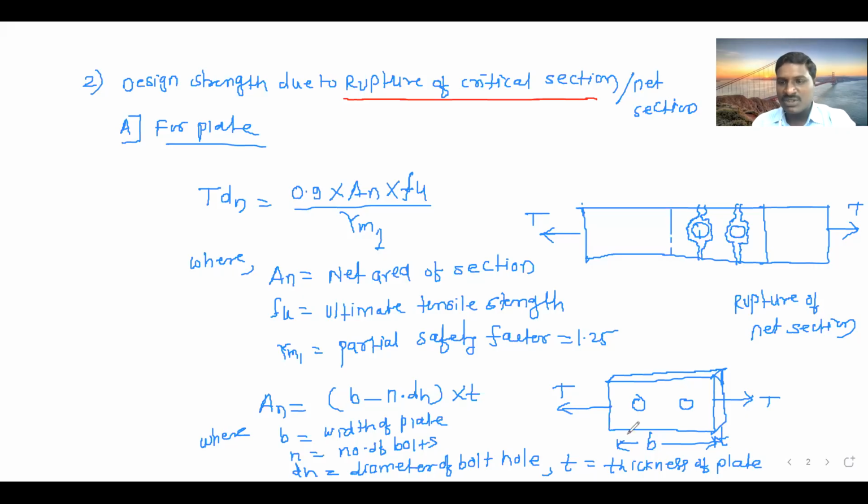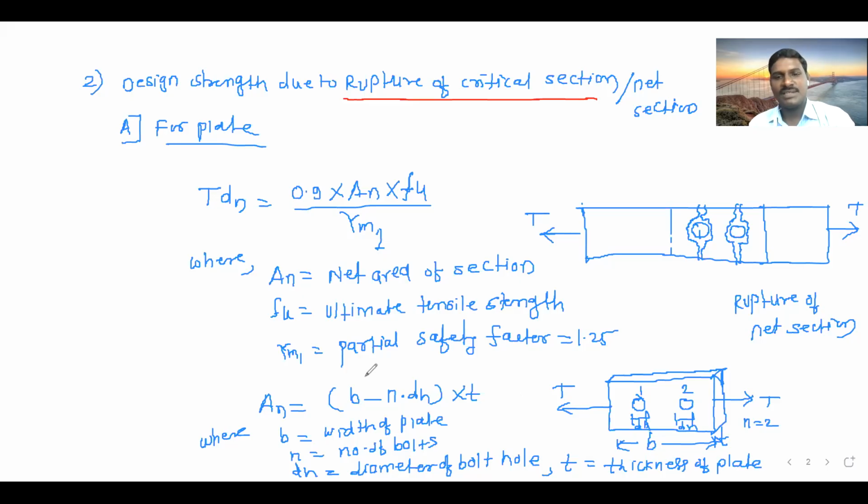Draw this section here. Whatever I have drawn here, the plate section, please draw this, then you will realize faster. B is the width, T is the thickness, this is your DH, this is number 1 hole, number 2 hole. Are you getting it? So here N is equal to 2.